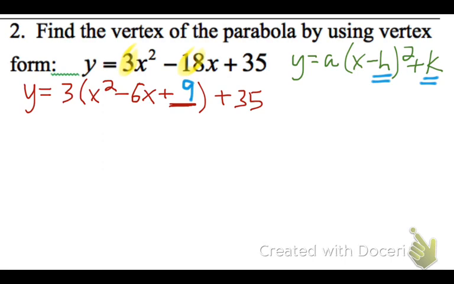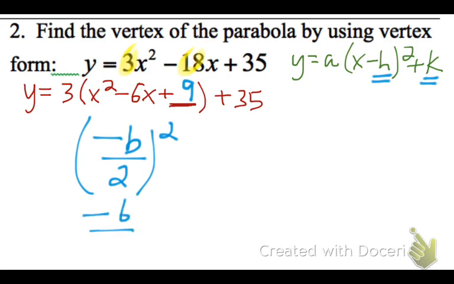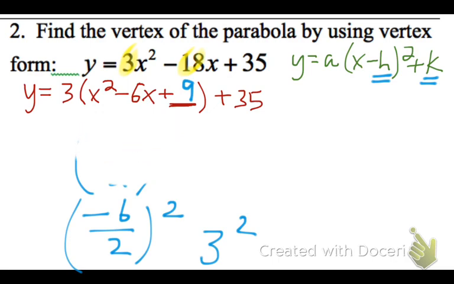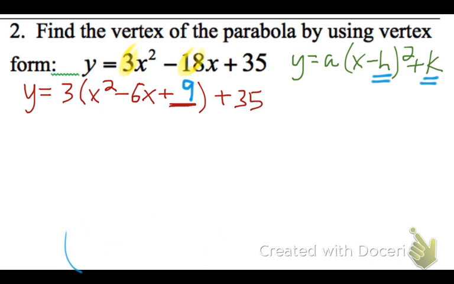You can get that by doing b over 2 squared, which would be negative 6 over 2 squared, which is 3 squared, which is 9. But be very careful, because you have to remember to add 9 to the other side of the equation.